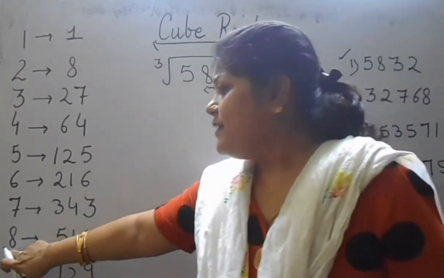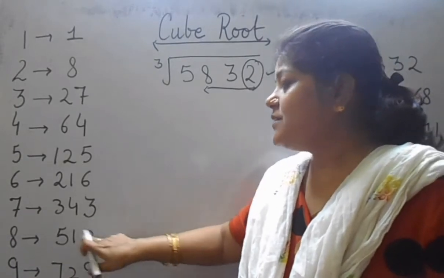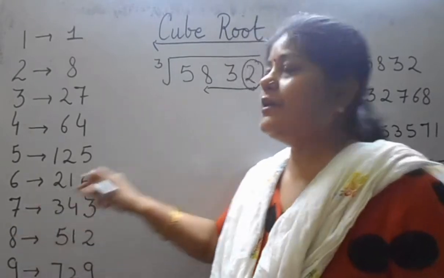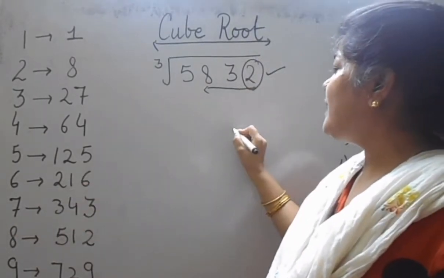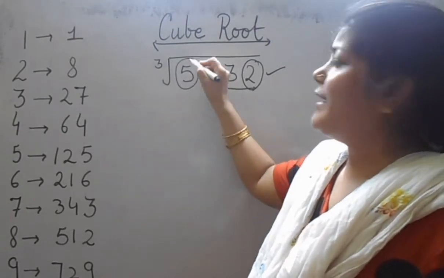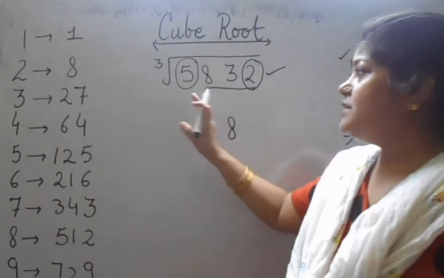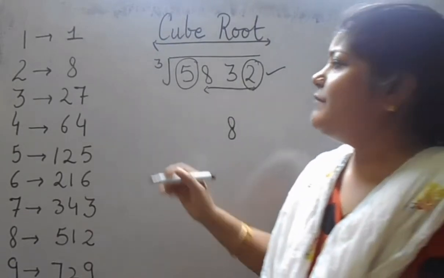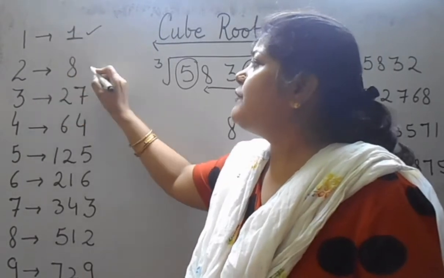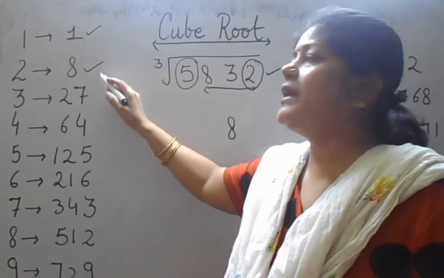We find that the cube of 8 is 512, and the unit digit in the cube of 8 is 2. So we simply take 8 in this place. Now we are left with 5. Here we don't search for the unit digit; we take 5 as a whole. The cube of 1 is 1 and the cube of 2 is 8, so 5 is in the middle between 1 and 8.